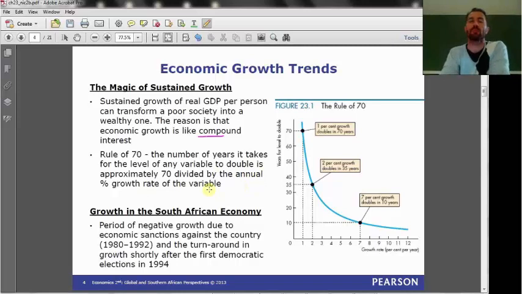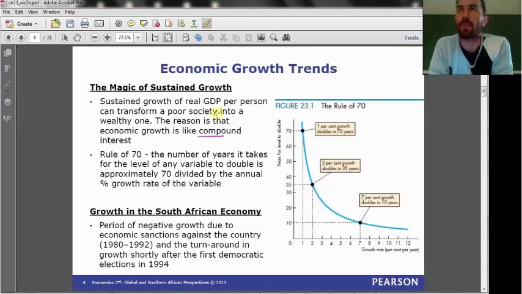Okay? This is just a rearrangement of a basic growth formula. Let me think about it during the breaks, and then I'll write it down for you. But basically, 70, I think, is approximately ln 2 or something along those lines. 72 also works.